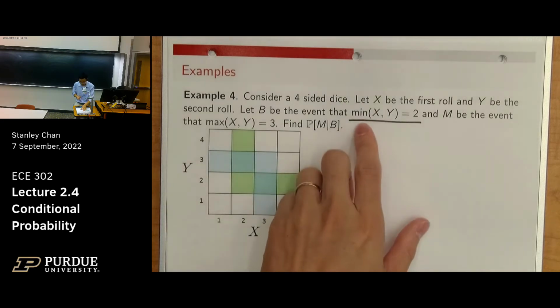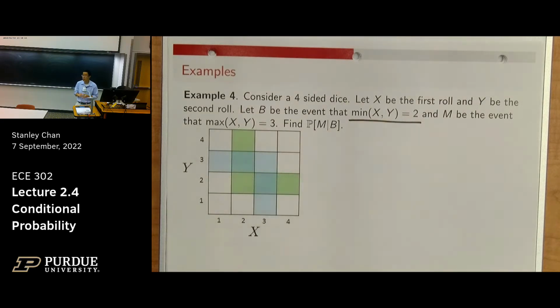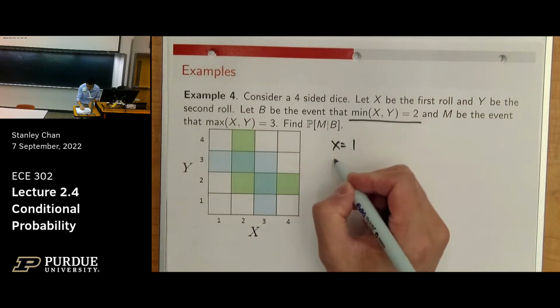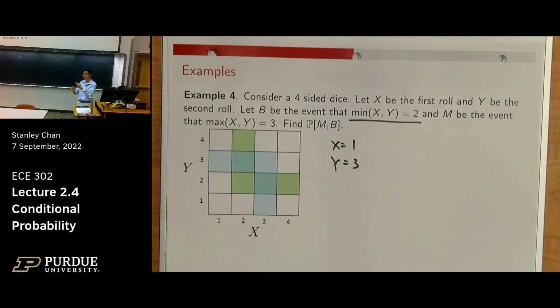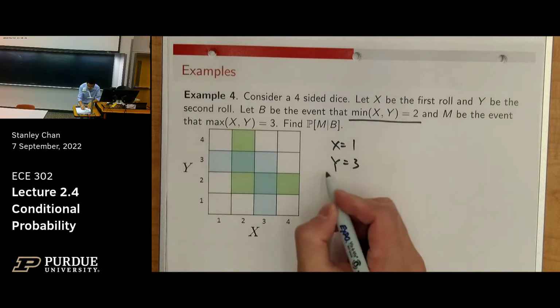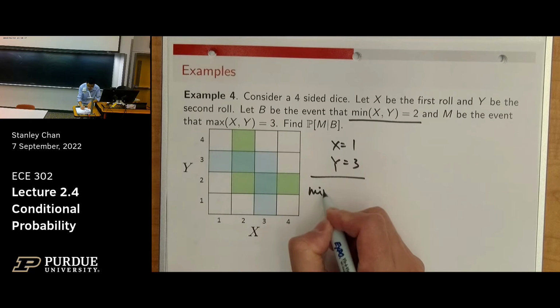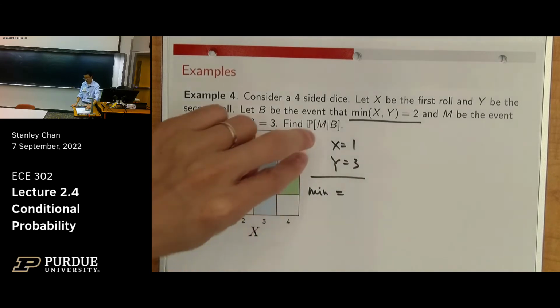Now, what does the min of X, Y equals 2 mean? I have two numbers. Let's say X equals 1 and Y equals 3. Two numbers, two dice. So what is the minimum of these two numbers?